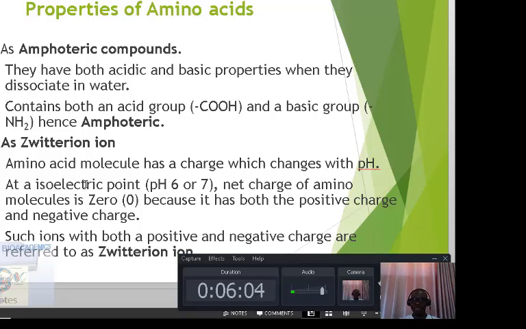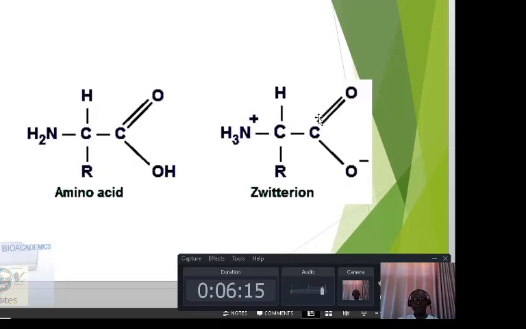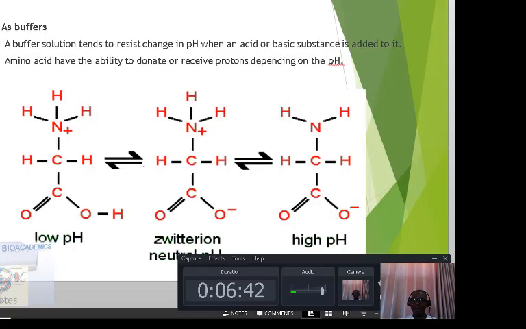So depending on its environment, it can have positive or it can have negative charges in trying to balance the pH environment in which it is found. Okay, and so this is the amino acid, and this is a zwitterion consisting of both the negative and the positive charges. This one is the neutral illustration of an amino acid. This is an illustration of a zwitterion that basically consists of the negatively charged ions as well as the positively charged ions.